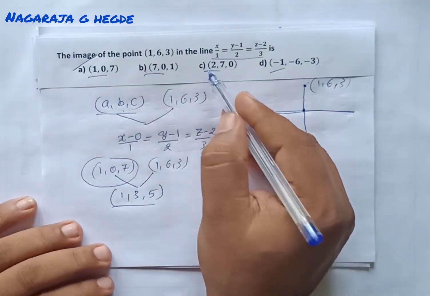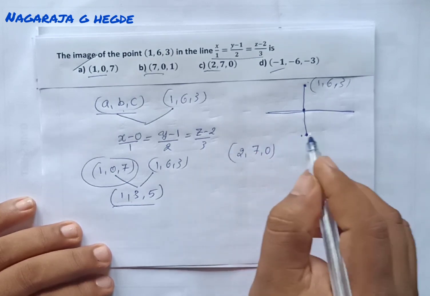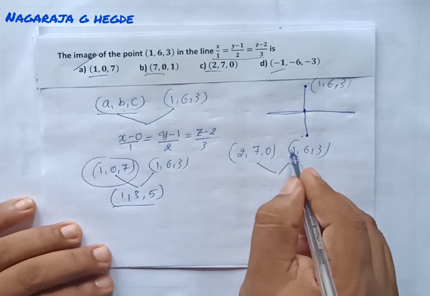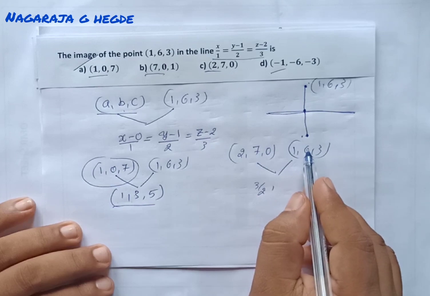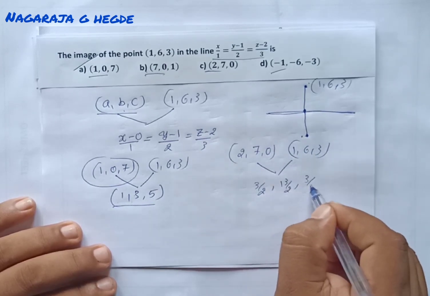Anyone. I will take C. If (2, 7, 0) is an image of (1, 6, 3), let us calculate the midpoint. 2 plus 1, 3, 3 by 2. Fractions we are getting, no problem. 7 plus 6, 13, 13 by 2.